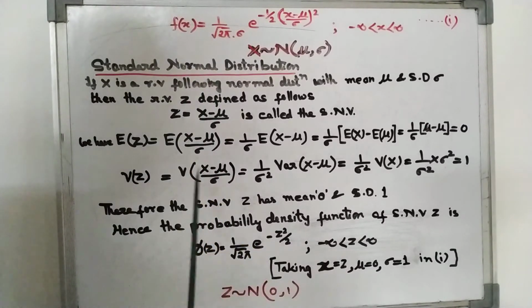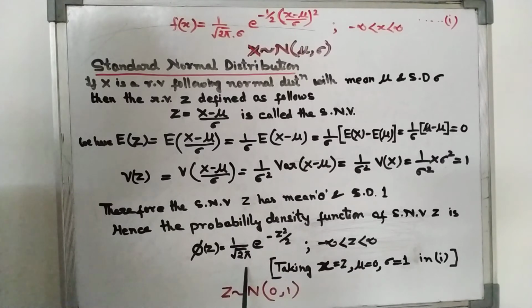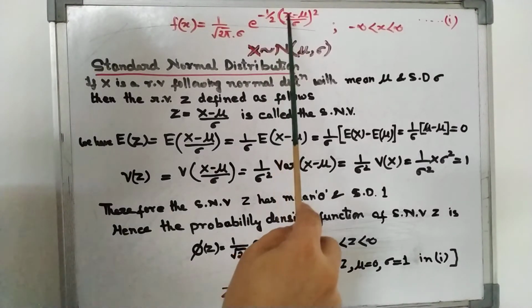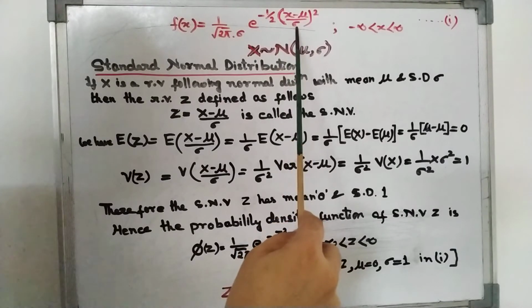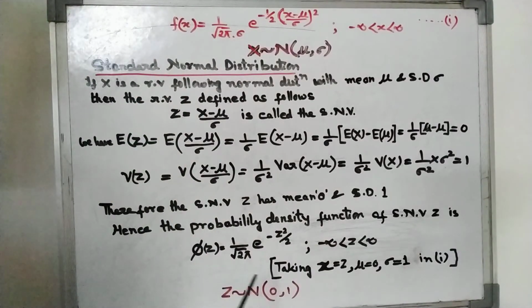Then in place of f(x) we have written phi(z), and this is 1 by root of 2 pi, e raised to the power minus half, where x minus mu divided by sigma is z, so we put z here. So this is the probability density function of the standard normal variate, or we can say standard normal distribution.